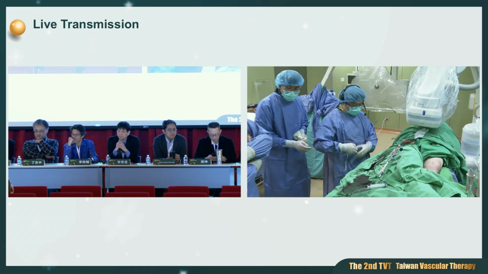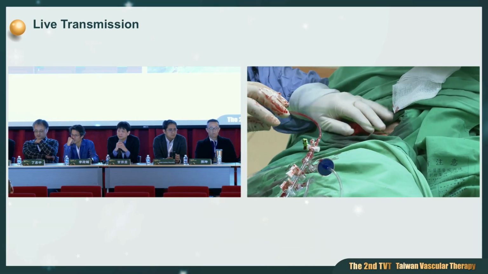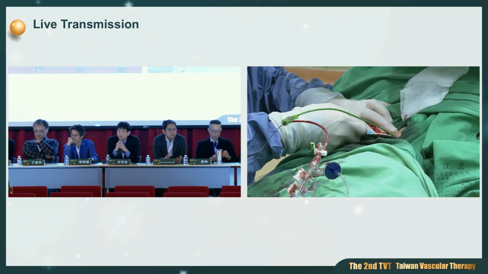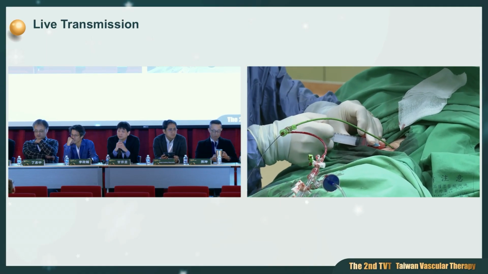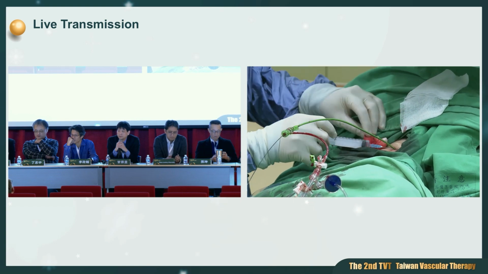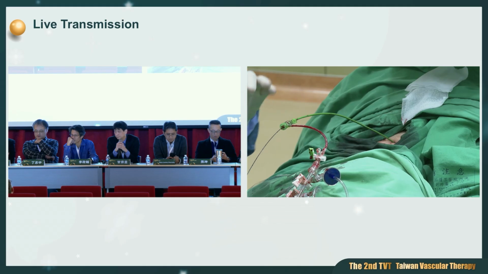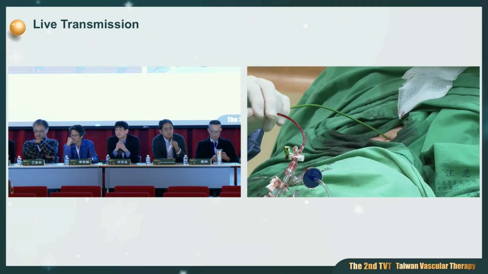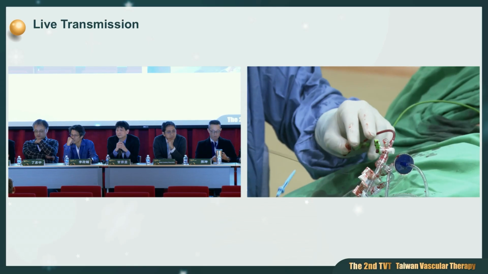Hello, we go back to here. Can you explain what you are doing? Okay, because we finished the procedure, so we want to close the device. We use the closure device to make the hemostasis.